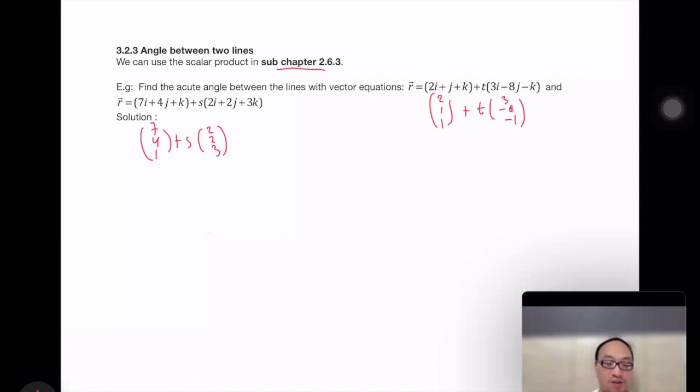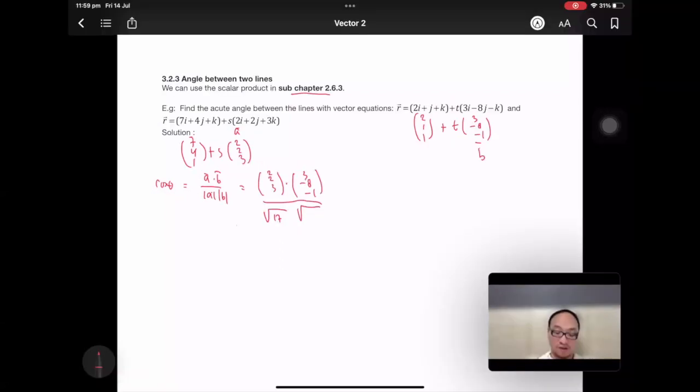If you remember the formula to find the angle between two lines, cos theta equals vector A dot vector B divided by magnitude A times magnitude B. Vectors A and B here are the direction vectors of the lines. So we can put (2, 2, 3) dot (3, negative 8, negative 1) over square root of 17 times square root of 74.